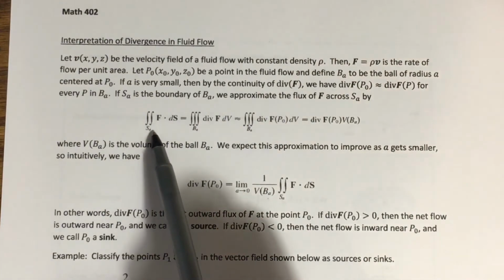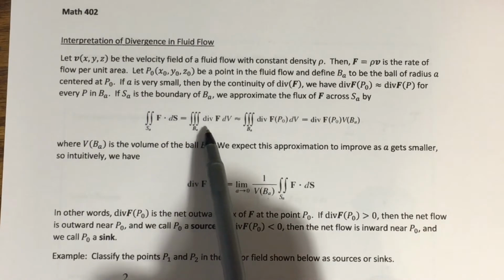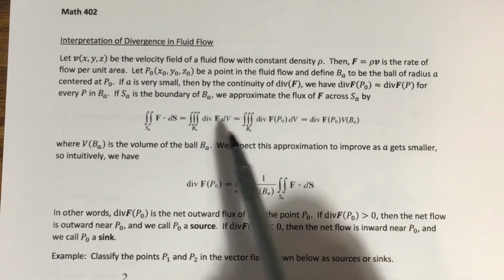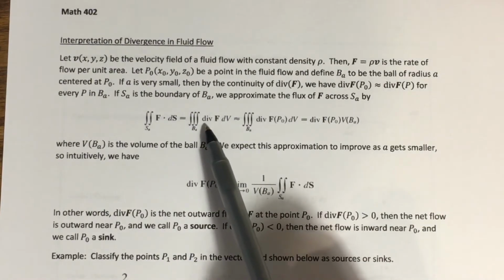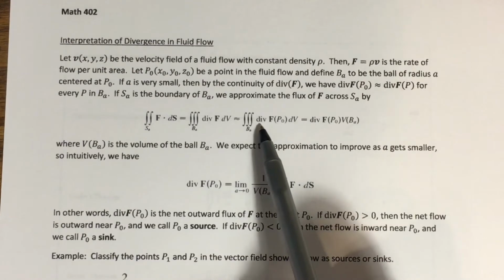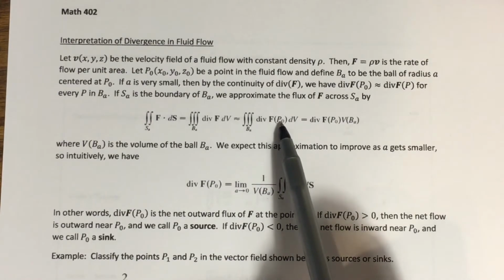So according to our divergence theorem, the flux of F across S sub A will be equal to the triple integral over the ball B sub A of the divergence of F. But using our approximation, remember all of the points within B sub A, their divergence is approximately the same as the divergence of F at that single point at the center of the ball.